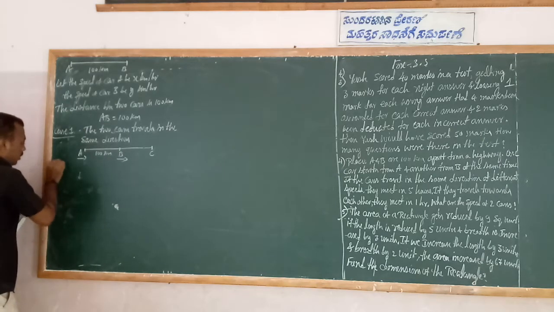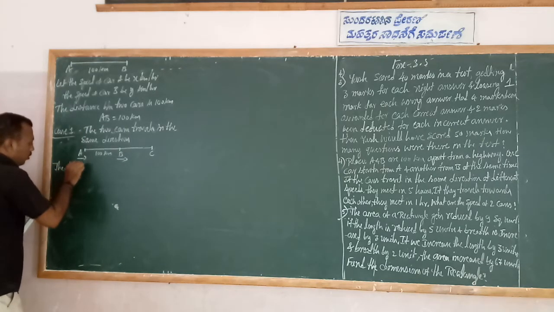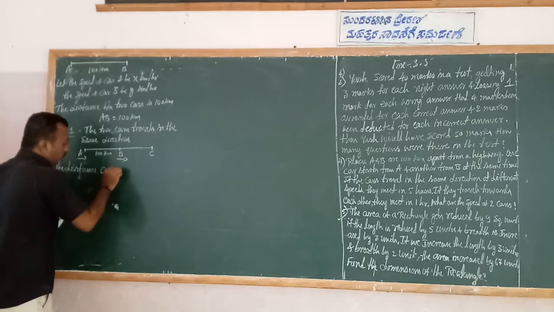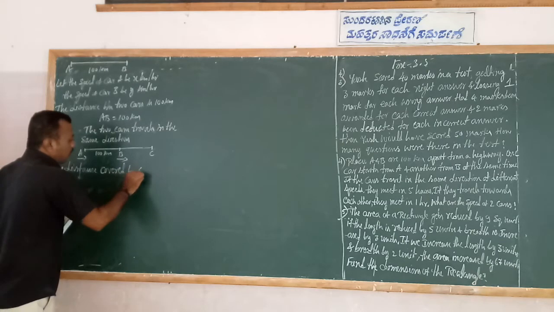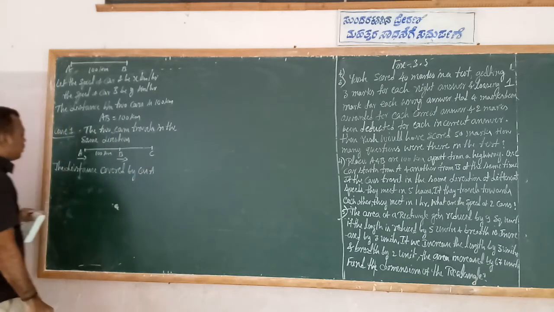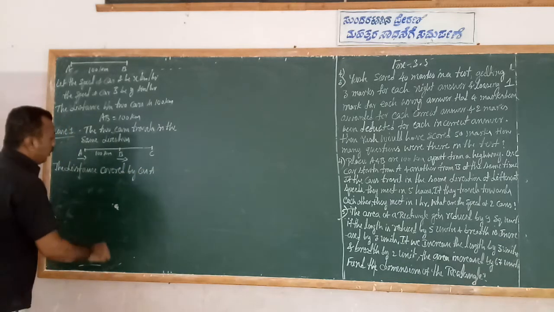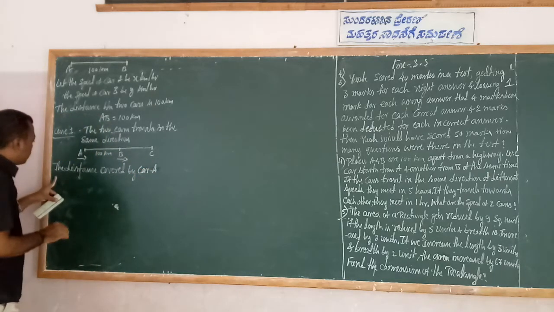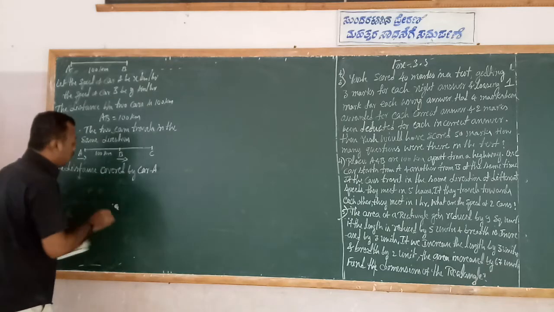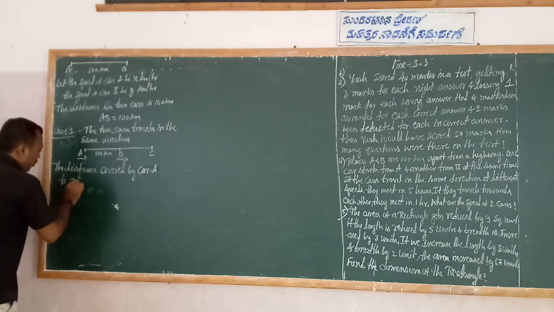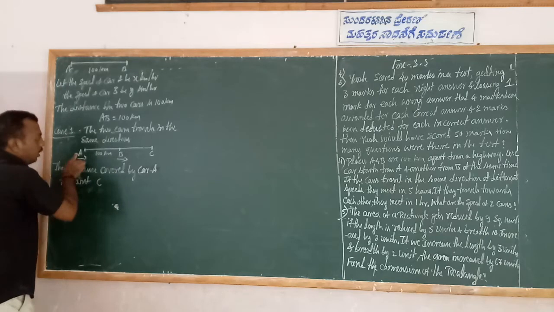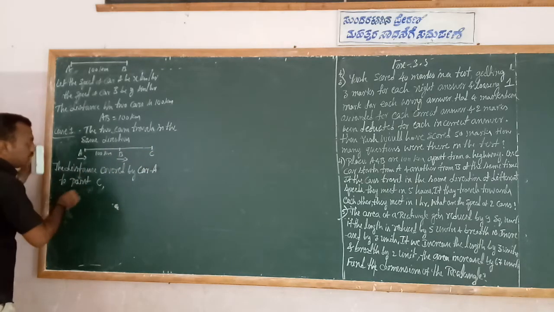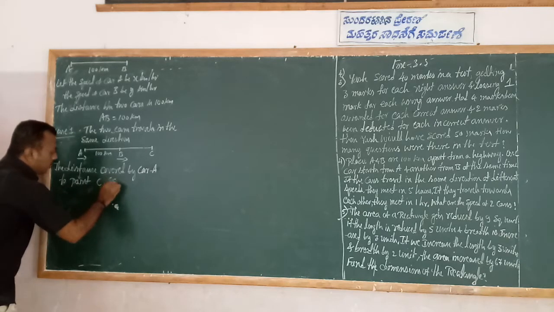Therefore, the distance covered by car A to the point C. We don't know how much distance it is covering from A to C. So we know the formula S is equal to d by t.